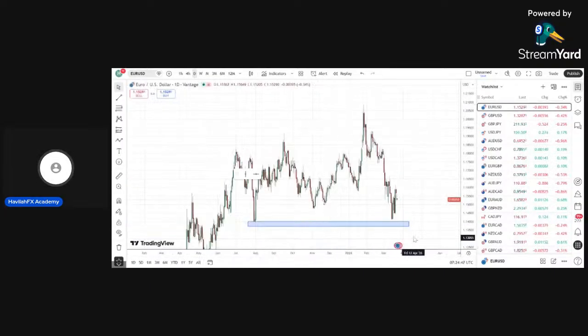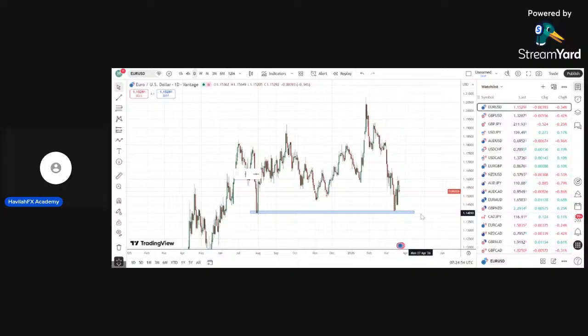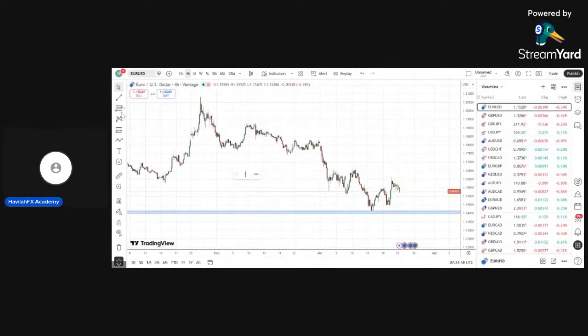All right, so for the Euro USD, price closed around the support zone last week, and that's on the daily. On the 4-hour time frame, we're seeing a falling wedge.